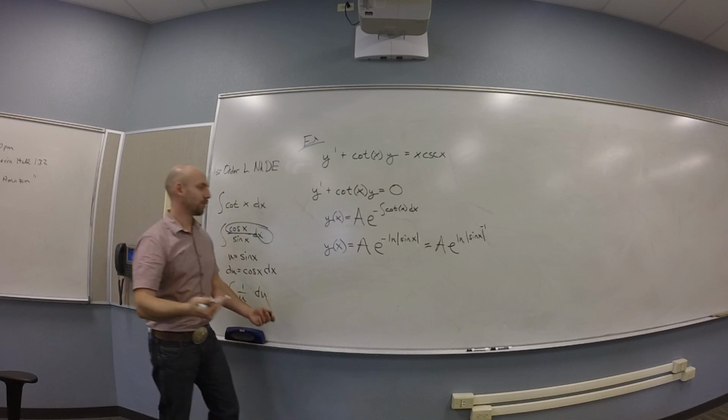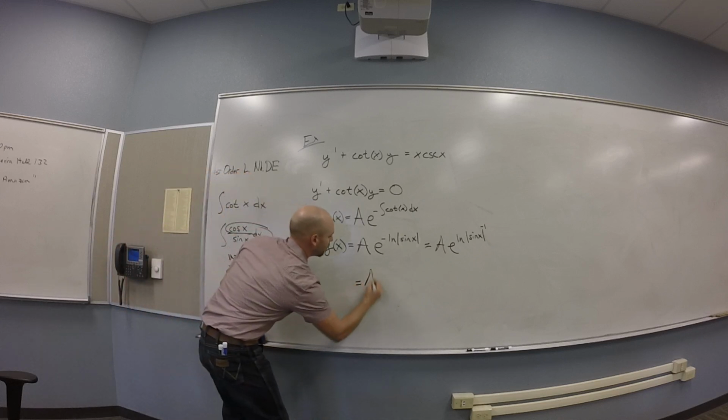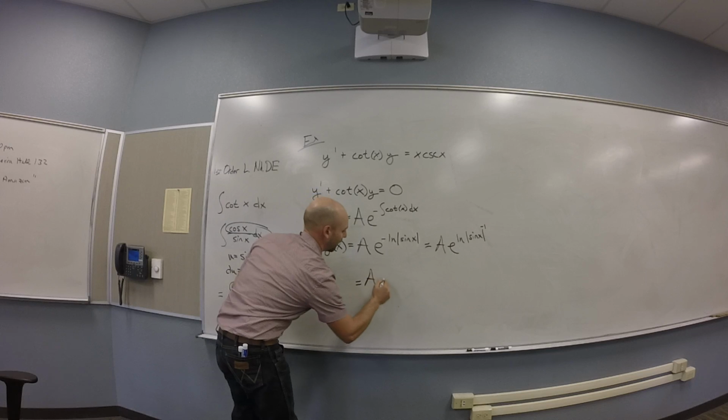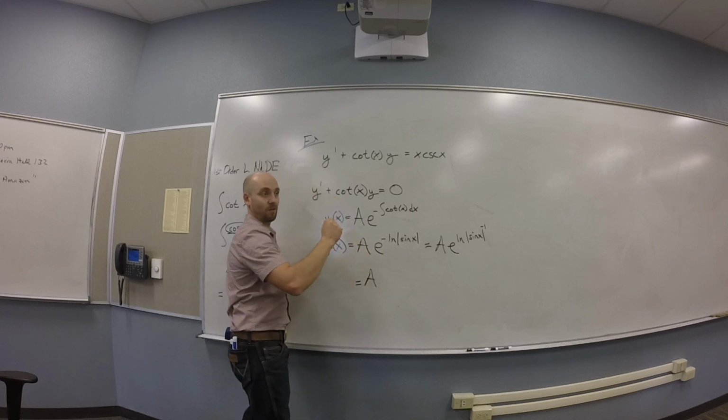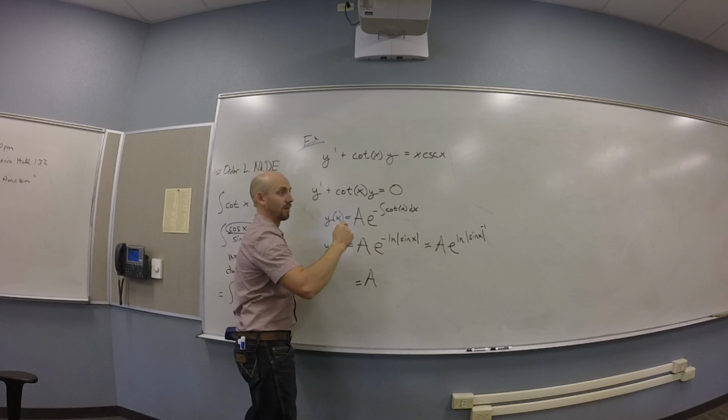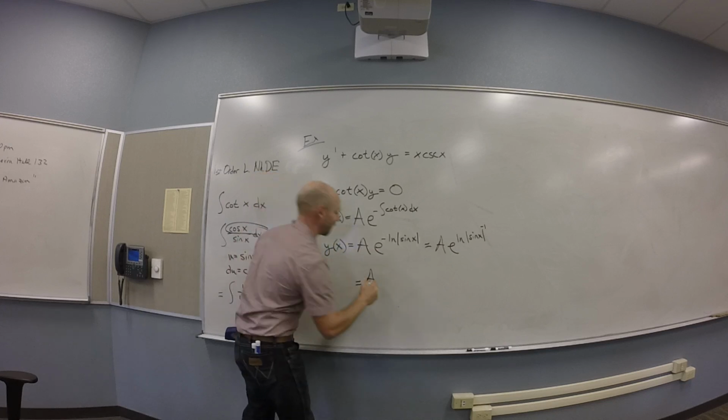And then you can simplify a little bit more. So you can say that's a, what do you get? Absolute value of sine x to the negative 1.